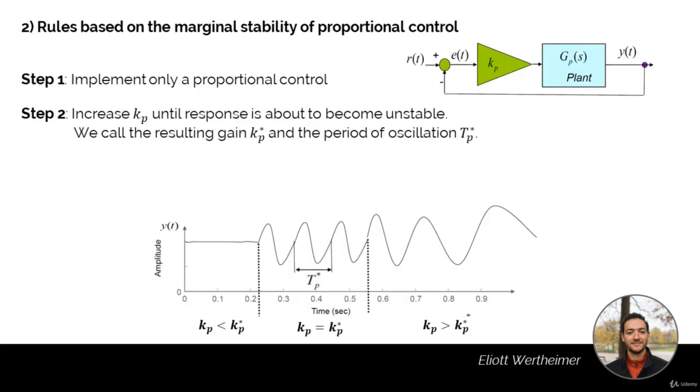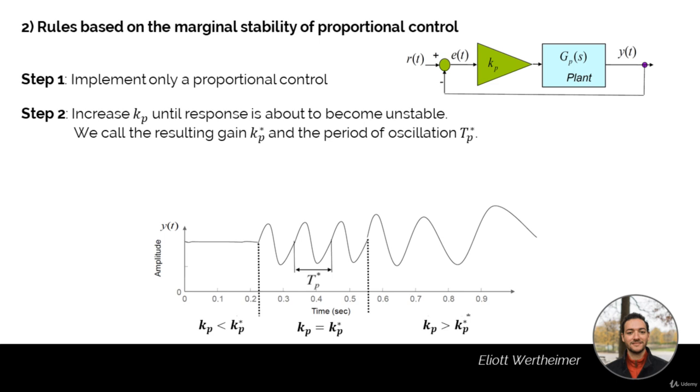Let's look at a second set of rules from the Ziegler-Nichols method based on the marginal stability of proportional control. So the first step is to implement only a proportional controller. As you can see from the block diagram we have here, we are talking about a very simple loop where we have, as usual, our input signal R(t), to which we subtract the output of the system Y(t).